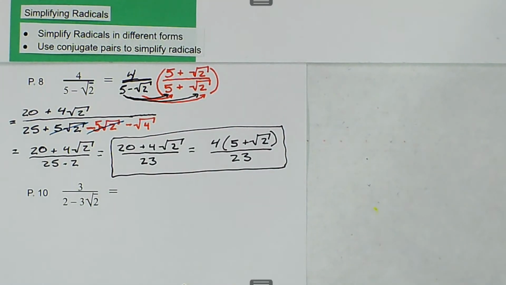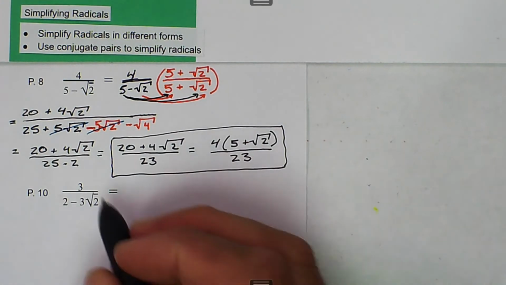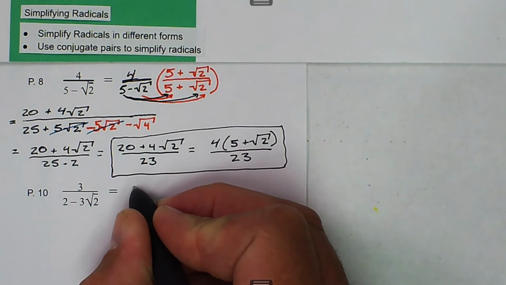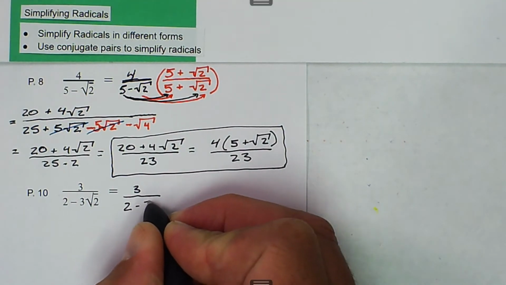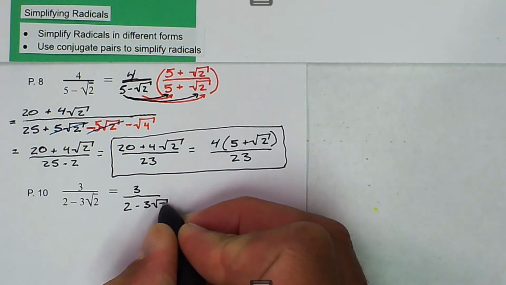The next one we have is 3 divided by 2 minus 3 square root of 2. And we're going to do the same process. So the first thing I'm going to do is write down the expression, which is 3 divided by 2 minus 3 square root of 2.